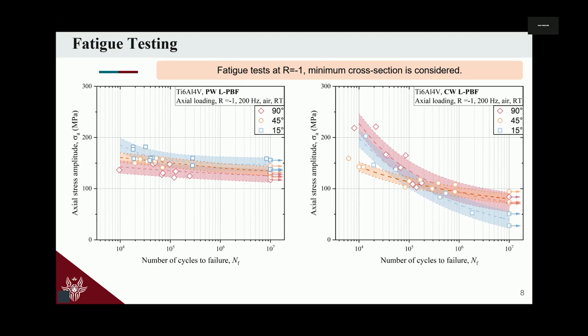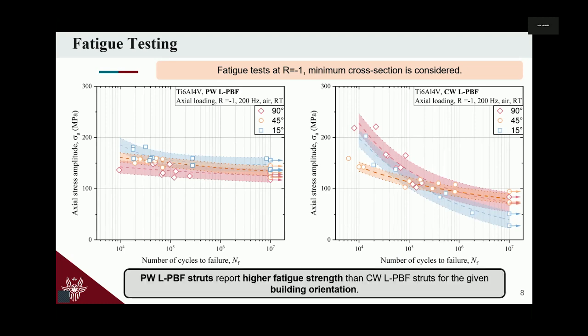Technically speaking, if this were the only difference, we would have a perfect match of the curves. Of course, there isn't, because the melt pool dynamics change and the morphology of the specimens changes, not only the cross-section. And indeed, you can clearly see that for this test, done in a fully reversed fatigue regime at R equal to -1, we do have clear differences between the continuous wave and the pulsed wave laser powder bed fusion specimens.